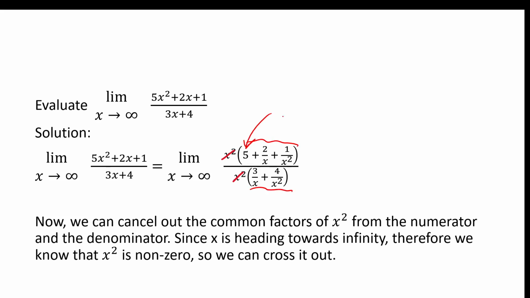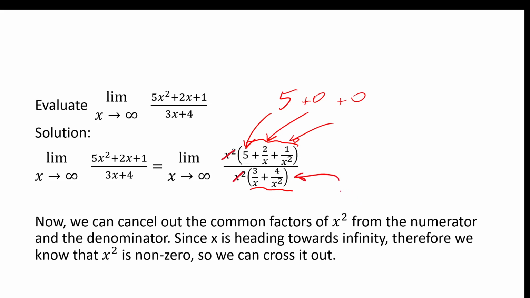Well, the limit as x goes to infinity of 5 is 5. The limit as x goes to infinity of 2 over x is 0. The limit as x goes to infinity of 1 over x squared is also 0, because in both those cases you have a finite numerator over a denominator growing without bound.